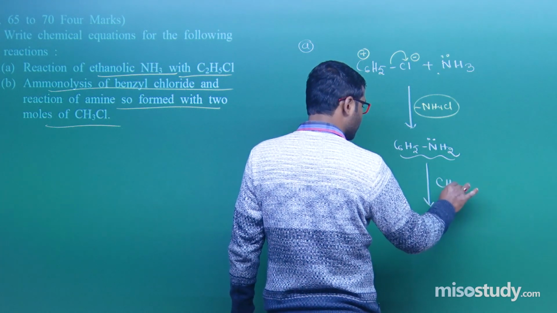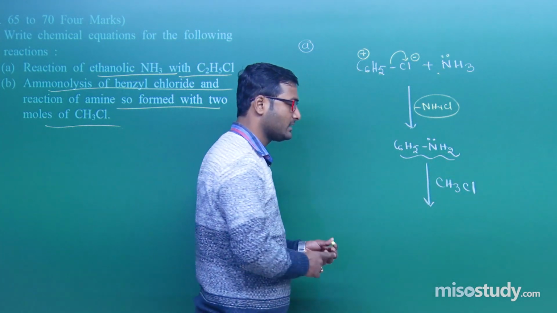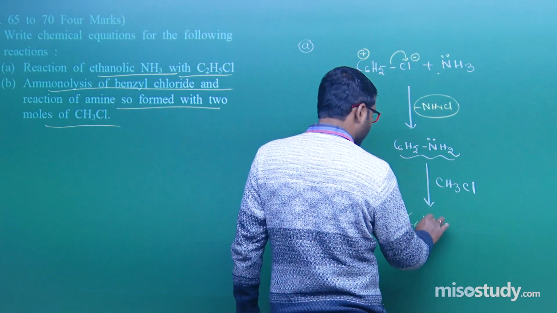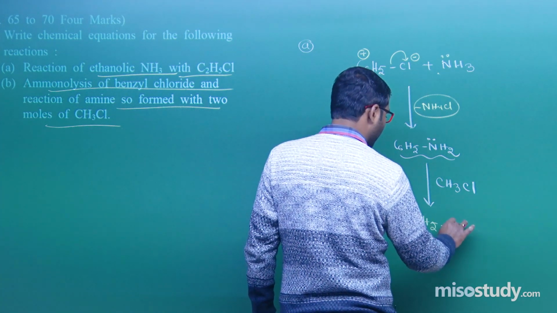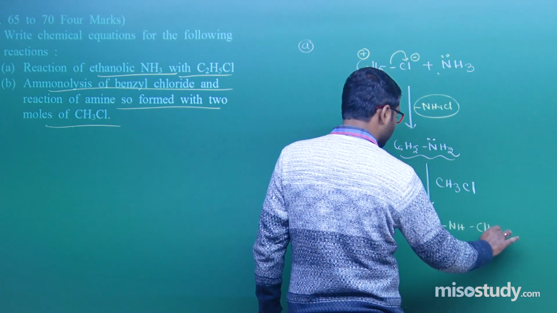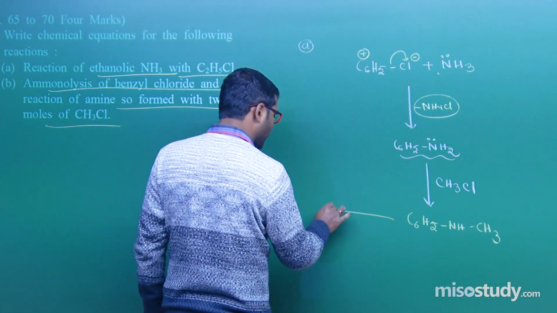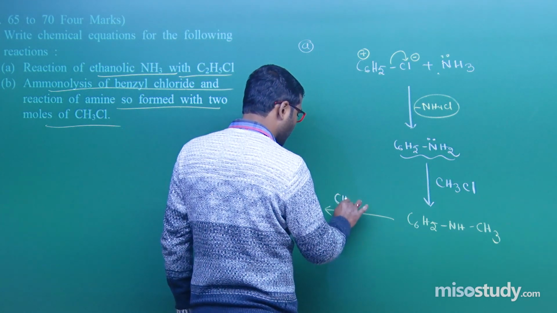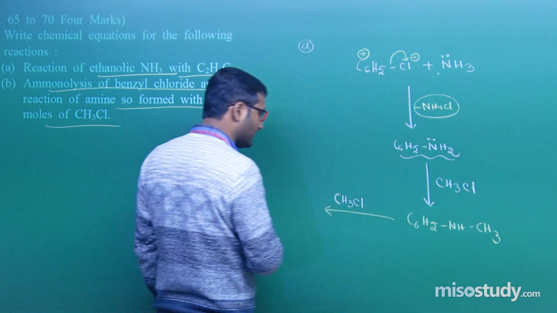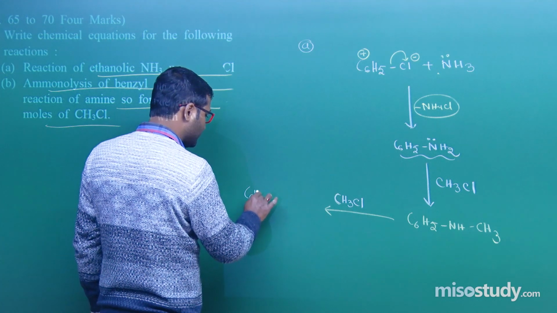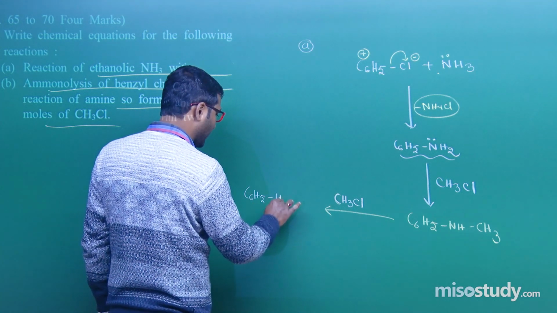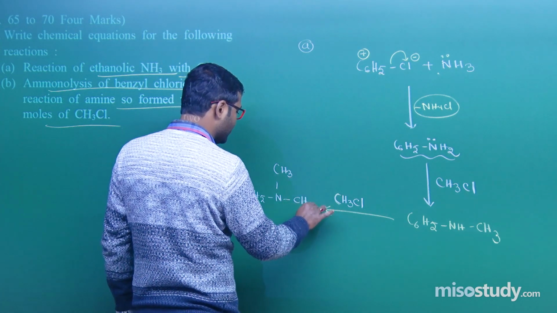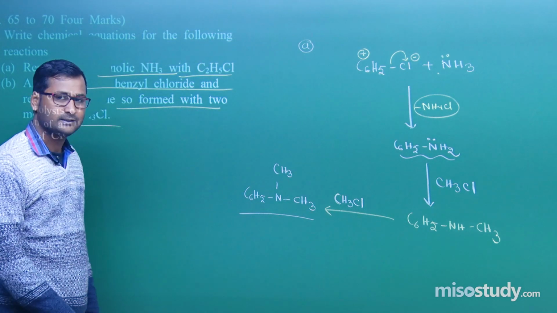First of all, it is treated with 1 mole of CH3Cl. Then what will happen? We will get C6H5NHCH3. Clear? Yes. Again, when it is treated with 1 more mole of CH3Cl, it will form the product C6H5N(CH3)CH3. This is the final product.